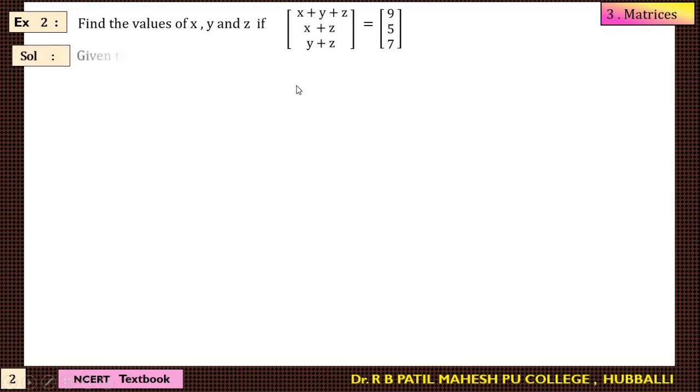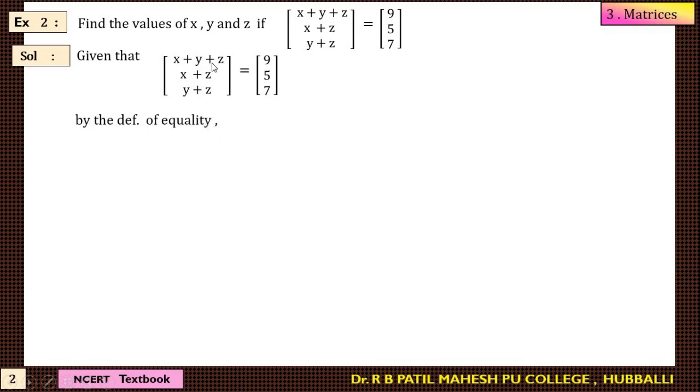First you write the given equation, matrix x plus y plus z, x plus z and y plus z equal to 9, 5, 7. Now by the definition of equality, we equate x plus y plus z to 9.